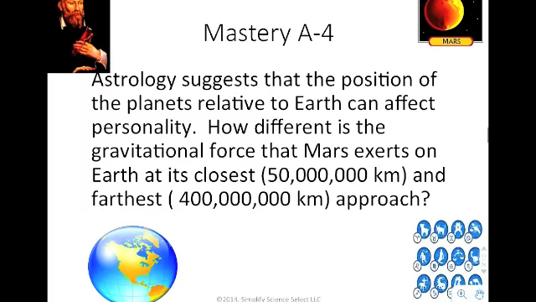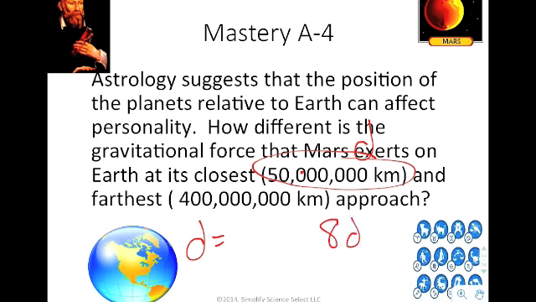And the next one says, astrology suggests that the position of the planets relative to the Earth can affect your personality. How different is the gravitational force that Mars exerts on Earth at its closest and farthest approach? So if we look at this, we're referring to the distance. We're going to call this first distance d, and then we have what amounts to 8d.